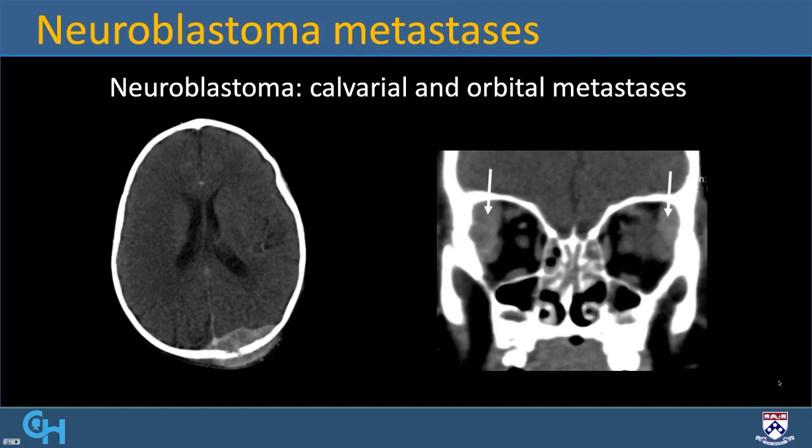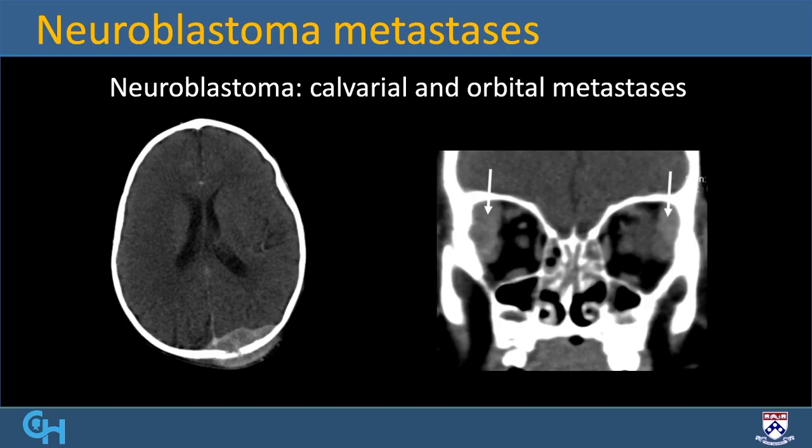So far, I have talked about all the entities of primary brain tumors. I want to mention one entity of metastatic tumors to the brain. And in children, this is going to be metastasis from neuroblastoma. Neuroblastoma can arise anywhere in the sympathetic chain. Most common location is the adrenal location. But many times in young children, neuroblastoma can present with cranial masses because they have a propensity of metastasizing to the calvarium.